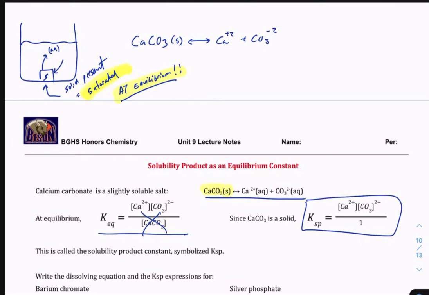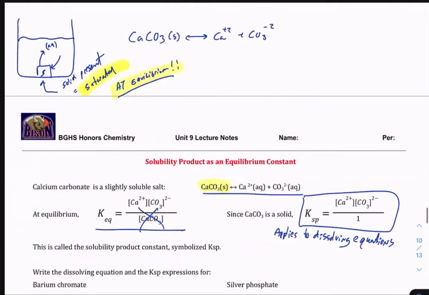It is still a constant, but it's more specific now. They're saying that this applies to dissolving. It only applies to dissolving equations, KSP.